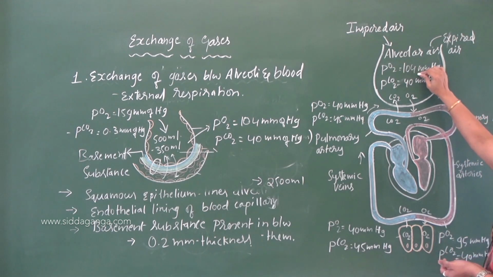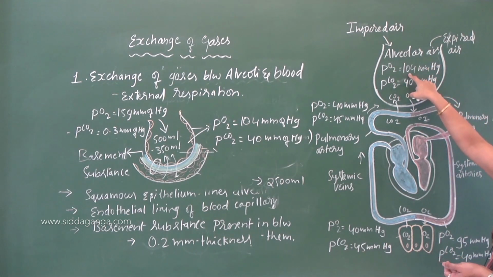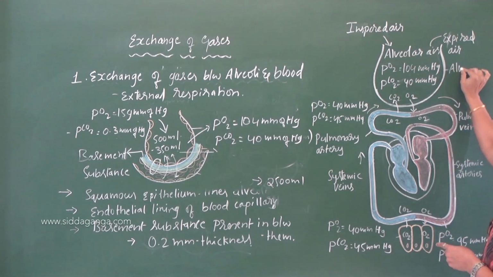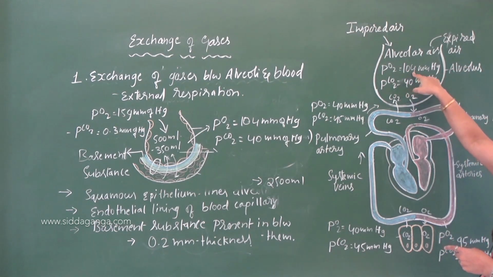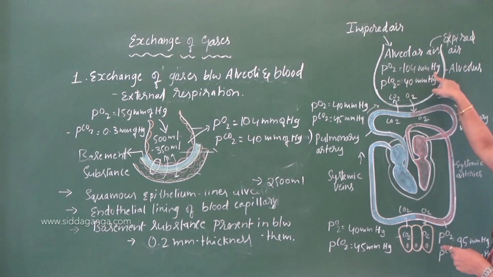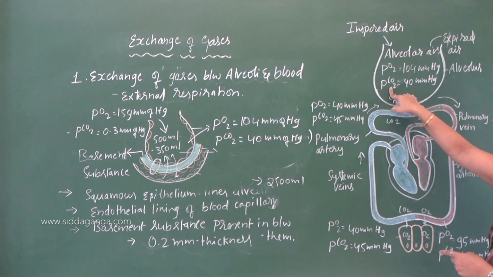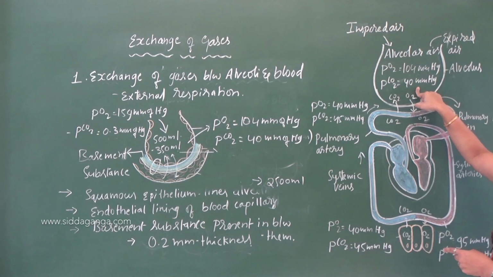This is the alveolus. What is the partial pressure of oxygen in the alveolus? It is 104 millimeters of mercury. And the partial pressure of carbon dioxide in the alveolar air is 40 millimeters of mercury.